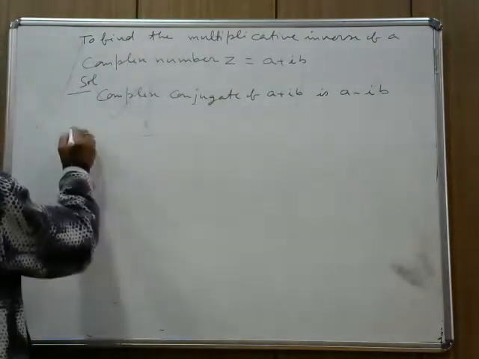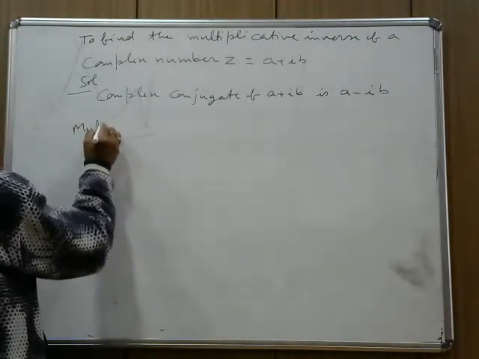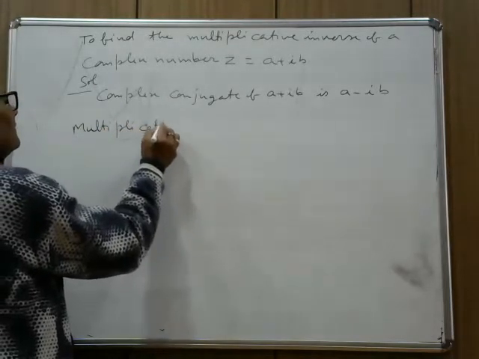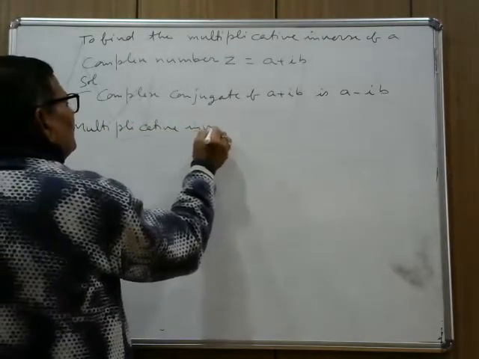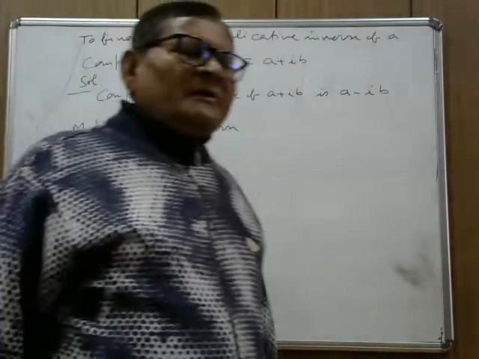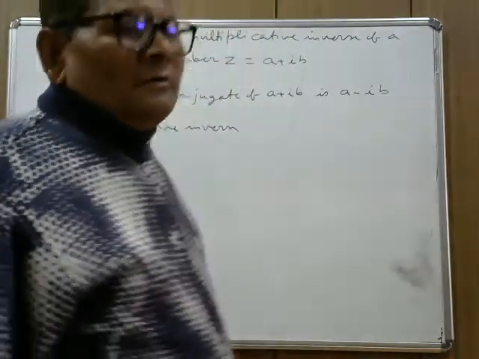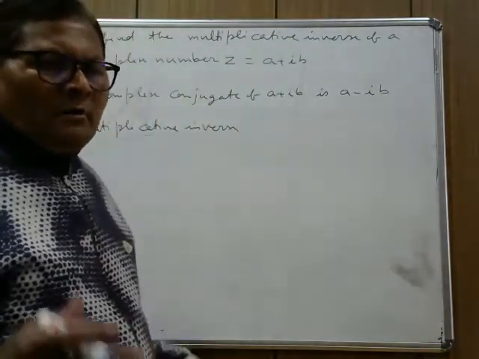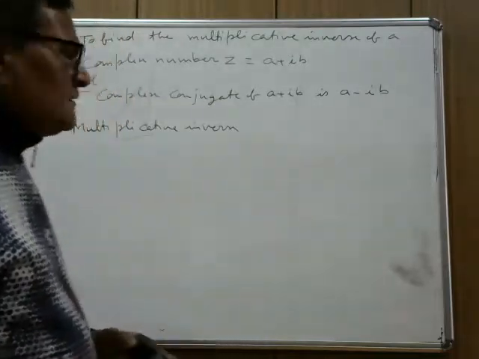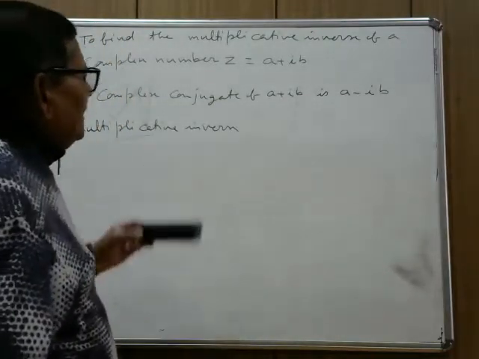So for the multiplicative inverse, you have an idea about the multiplicative inverse of 3. You have to find a number such that when we multiply that number by 3, you will get 1. In the same way, you have to apply it here.